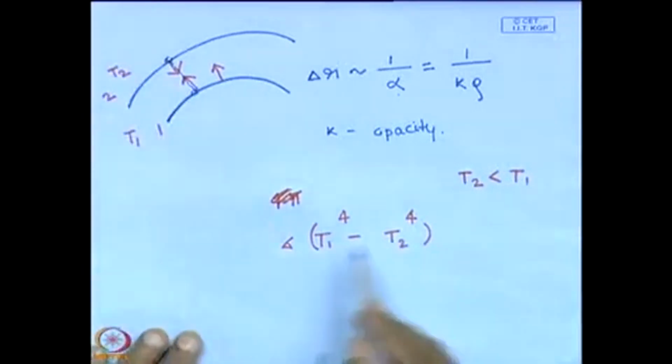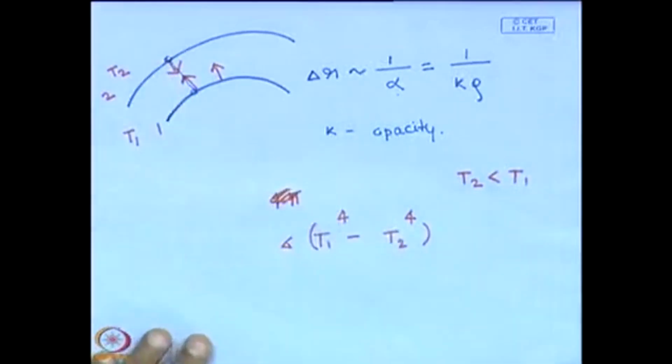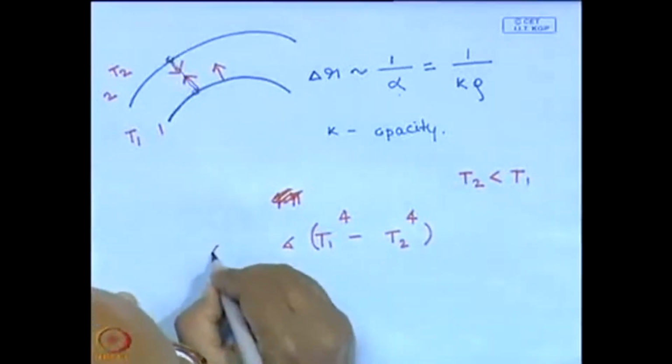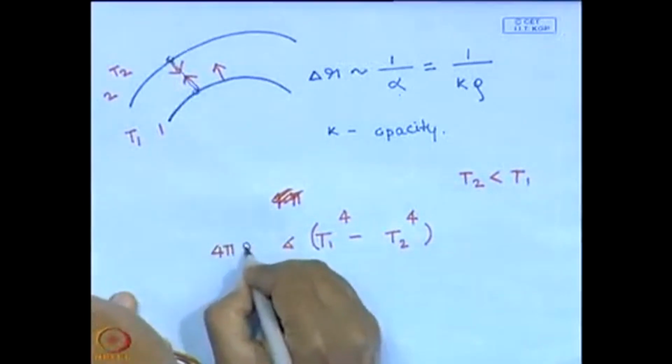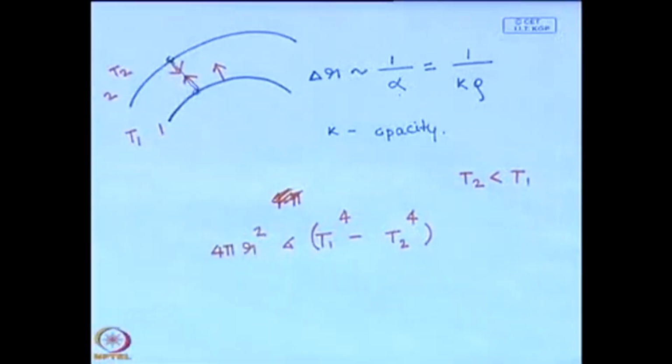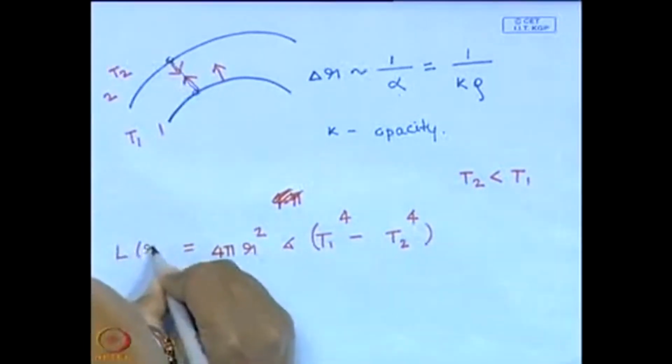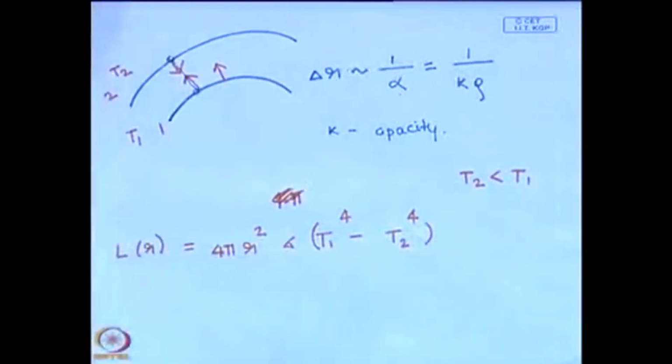So, the difference in these two gives me the net outward flux, which is the luminosity. So, if I multiply this with the area 4 pi r square, I get the luminosity at a distance r, right. That is the luminosity at a distance r.